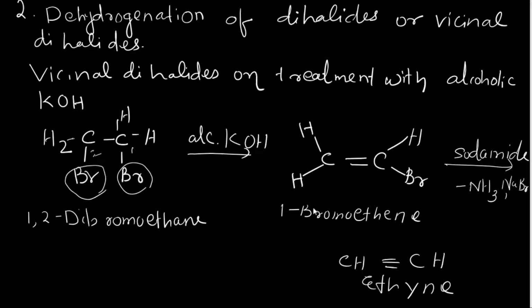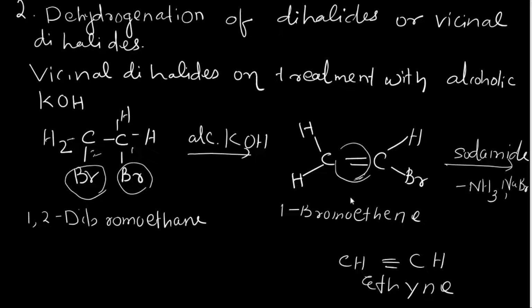The formula is CH2=CHBr; this double bond indicates an alkene, that is bromoethene. Then with sodamide, NaNH2, in ammonia, ammonia and sodium bromide are removed.